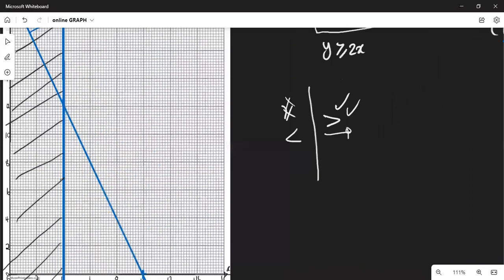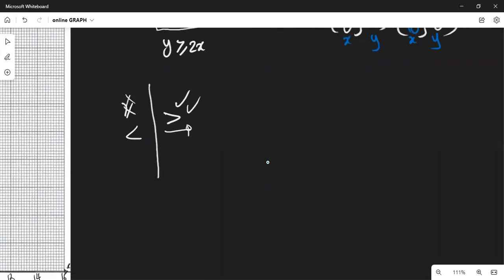Remember the type of line, you're given a line like this. Remember guys, I told you that this is your bigger region and this is your lesser. As you can see, these values are less than this value. These are bigger values. So as we need a region which is what?